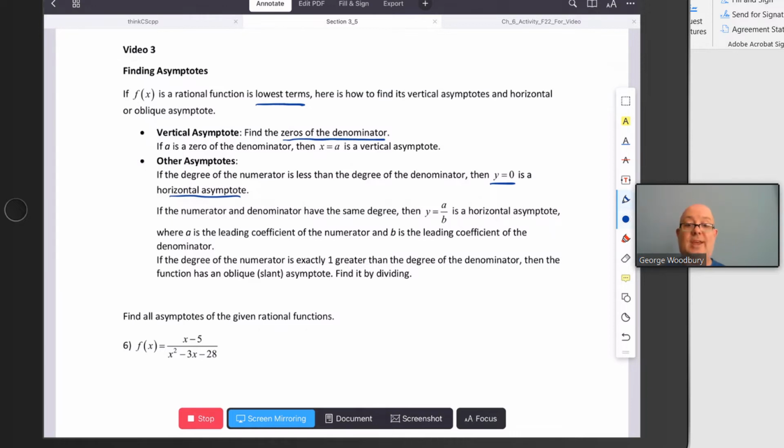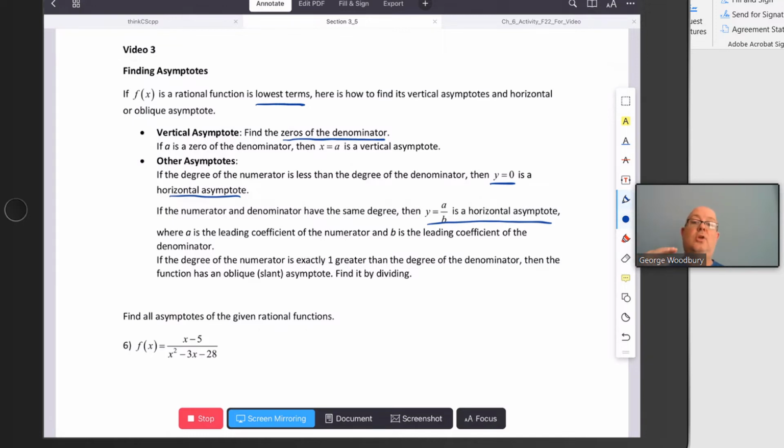If they have the same degree, say we have an x cubed on the top and the bottom, then a over b is going to be the horizontal asymptote, where a and b are the leading coefficients of the numerator and denominator. So when the degree is lower on top, the horizontal asymptote is 0. When the degrees are the same, the horizontal asymptote we find by the leading coefficients.